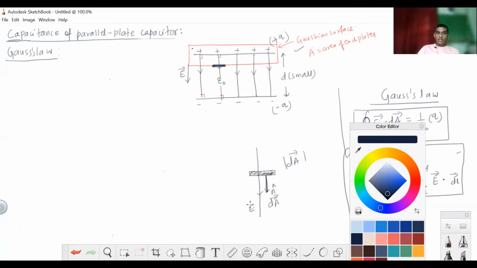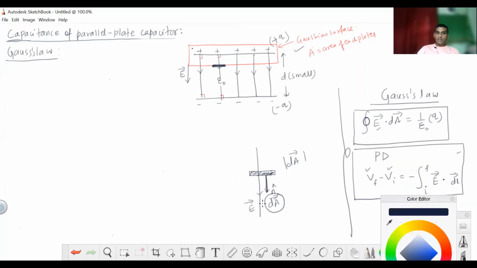We find electric field and vector area are acting along the same direction. So the angle between vector area dA and electric field is 0 degree. Clear? So we need to understand this.